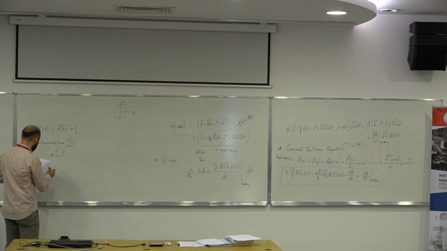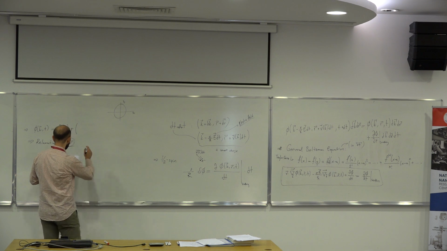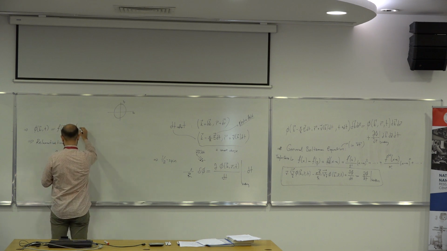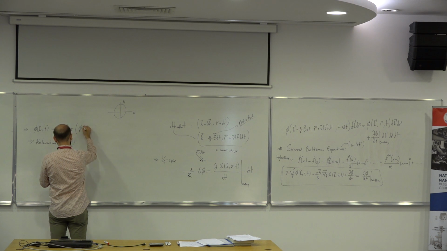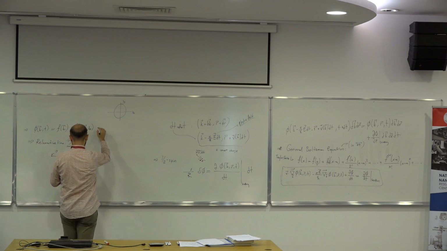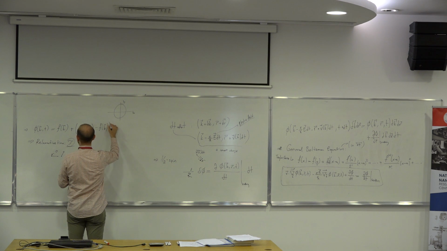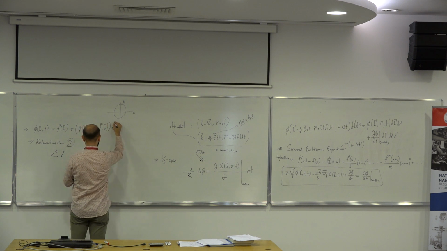Okay? So what we do is then I'll define this guy minus f(k) is going to be e times tau over t.